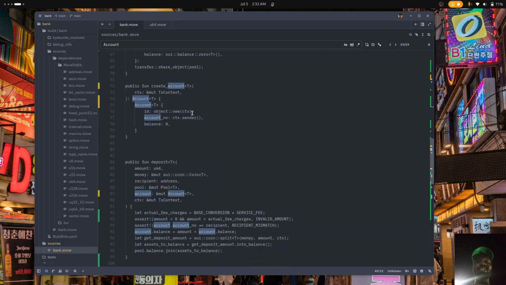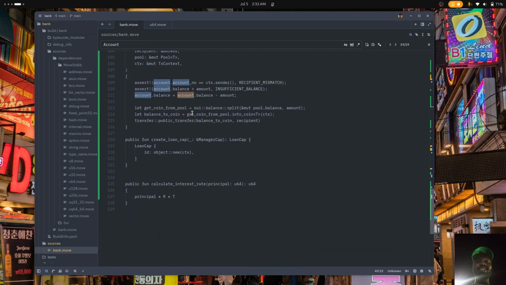So I'm not putting it into the loan cap, but in the loan function, not in the create loan cap function, in the loan function. So the loan function is the marks they can take, apply for loan.